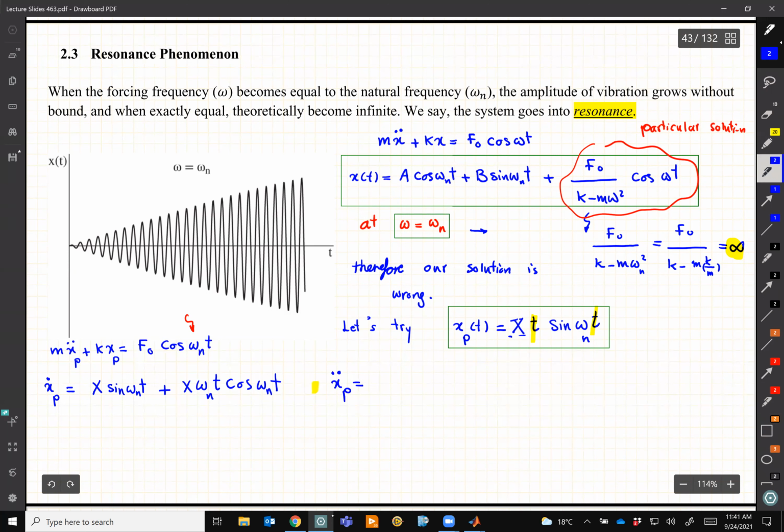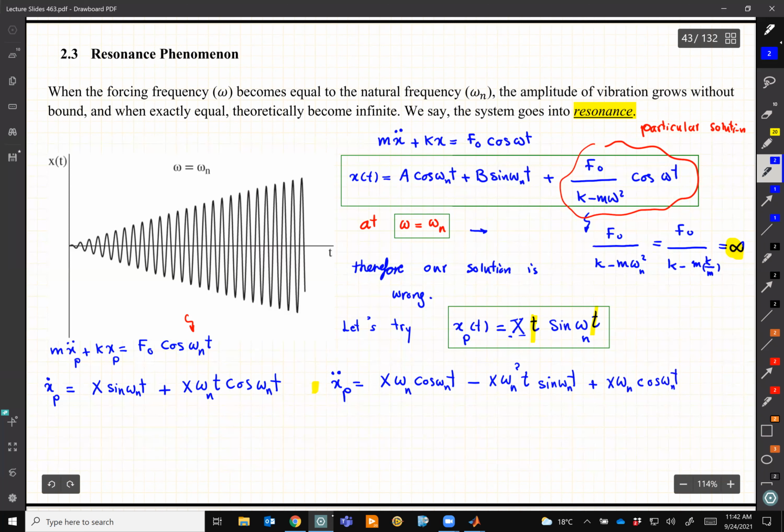Now we need x double dot p. Okay, that one is long. Let's be careful not to make a mistake. x omega_n cosine omega_n t, right? And then the second one will be minus x omega_n squared t sine omega_n t. And then I have plus x omega_n cosine omega_n t.